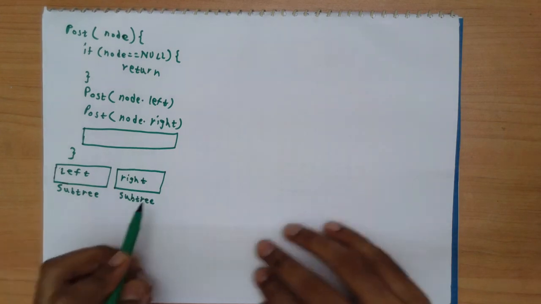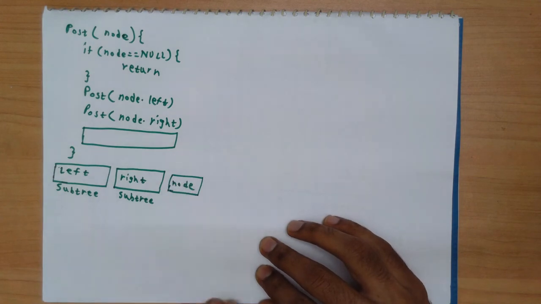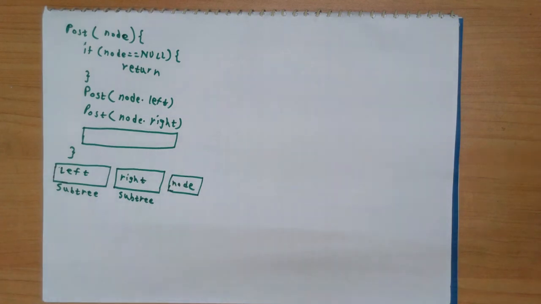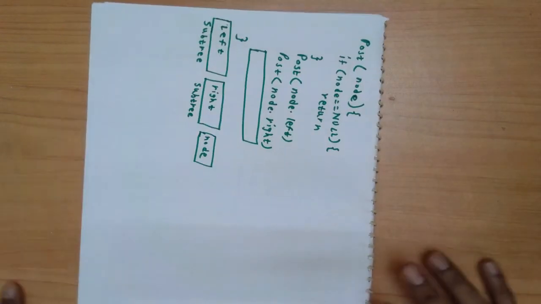And once I've done that, I want my node in the output. Okay, that's the logic. For iterative post order traversal, we are going to look at this output in the reverse manner.